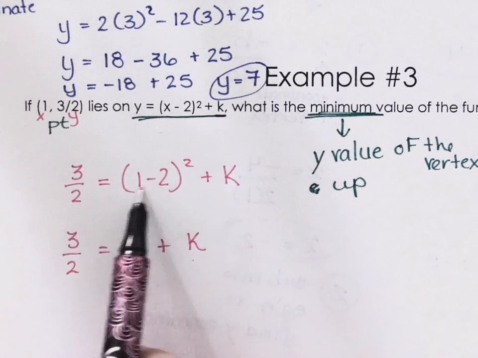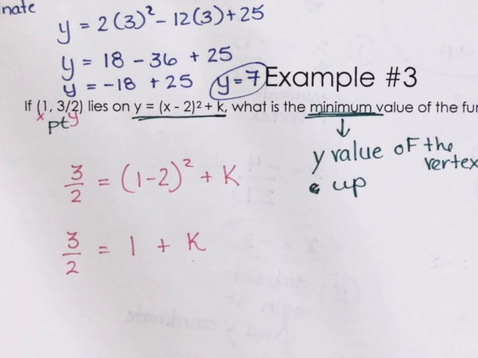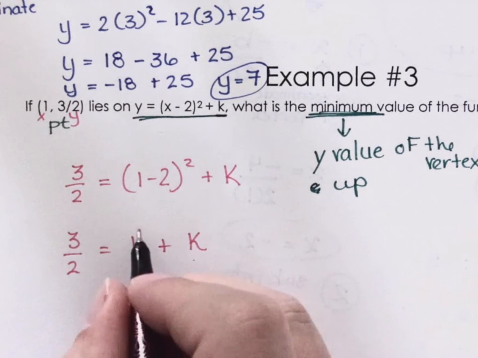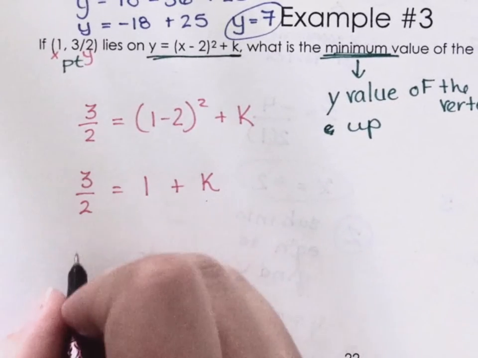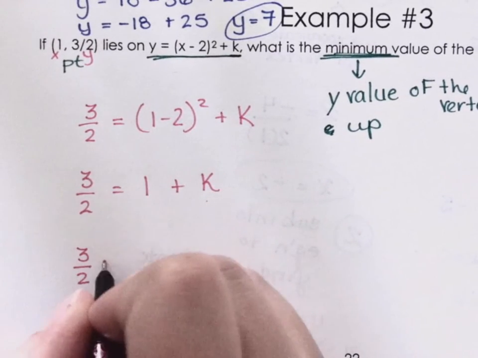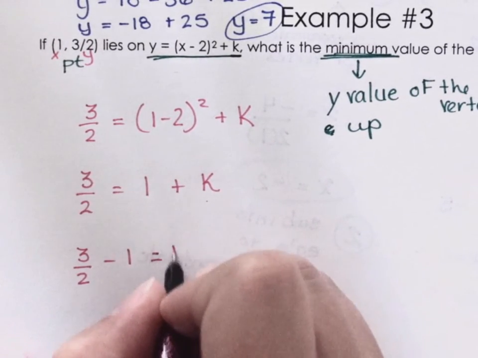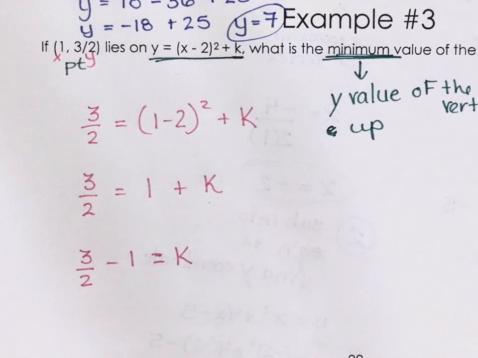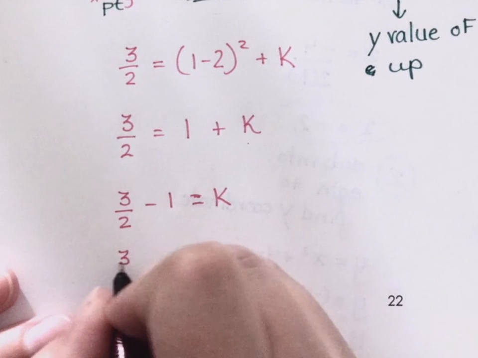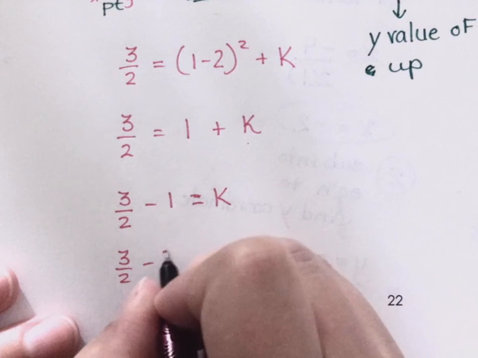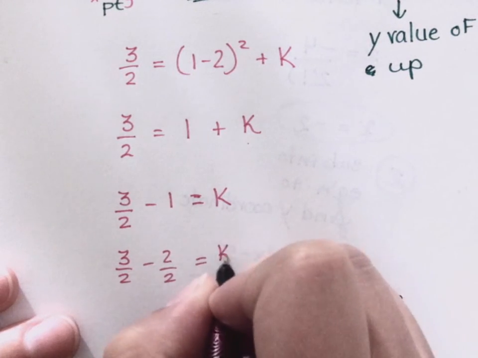I did some math in my head there. That's -1. -1 squared is 1. So now I've got to bring this to the other side, so that's going to make it a subtract. What do I need when I'm subtracting fractions? Common denominators. So if you don't need to show all the steps, I'm totally cool with that.